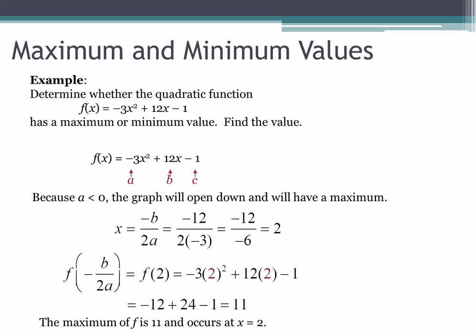So we have 2 squared, which is 4, times negative 3, which is negative 12, plus 12 times 2, or 24, minus 1, which simplifies to 11. Therefore, the maximum of this function is 11, and it occurs when x equals 2. So the vertex is 2, 11, and it is in fact a maximum.